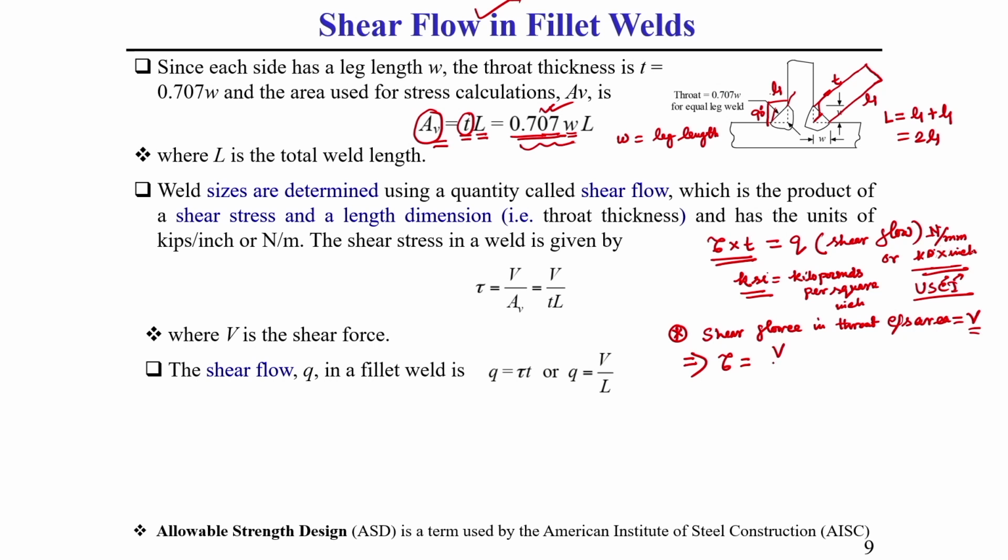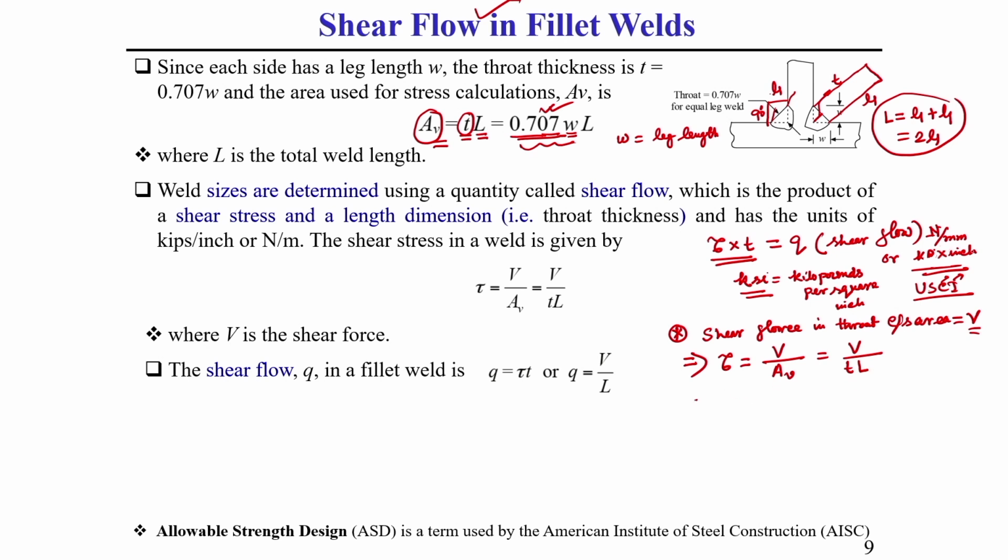This will be shear force divided by throat cross sectional area AV, which you can write as V by AV. Already I have shown you, throat thickness into total length of the weld. If one side weld is there, L equals only L1; if both sides welding is there then L equals 2 L1, this I have already shown you.